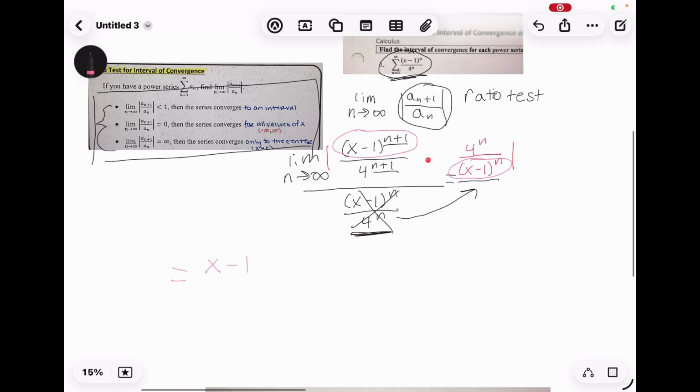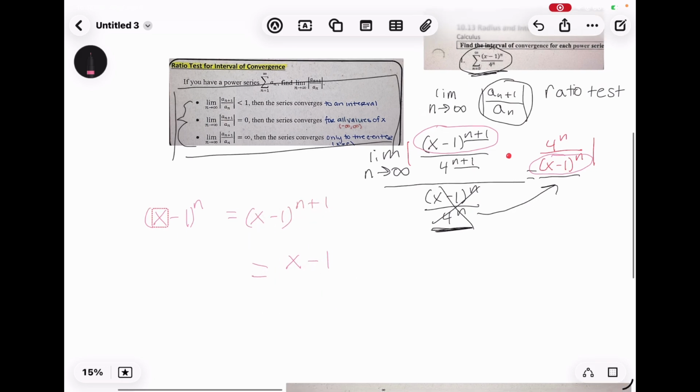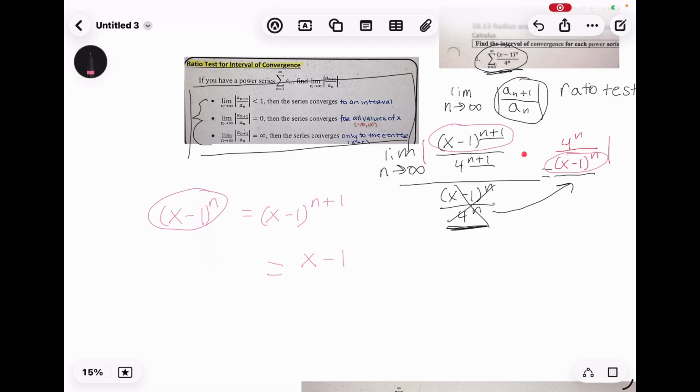Okay? And I'm just going to explain it for this problem how I got that, because (x minus 1) to the n, if I want this to become (x minus 1) to the n plus 1, I have to multiply this by x minus 1, because this has a 1 exponent, right?